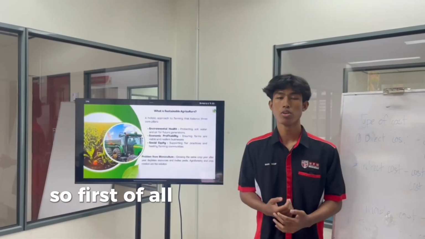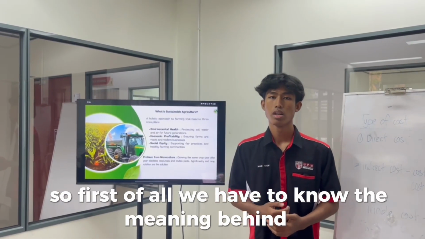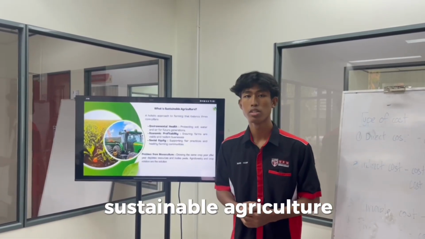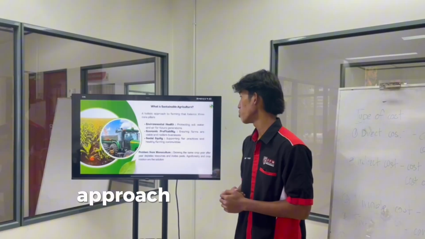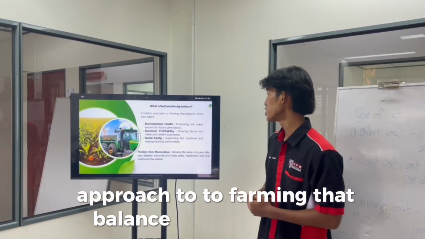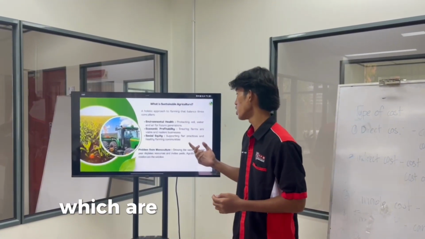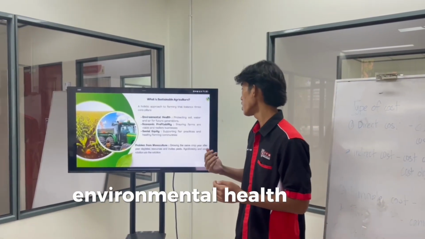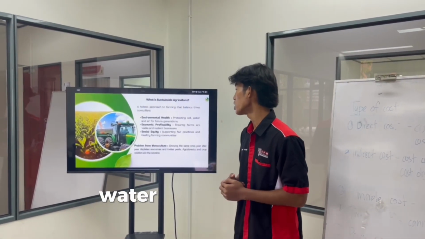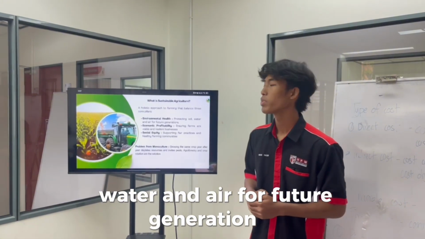First of all, we have to know the meaning behind sustainable agriculture. Sustainable agriculture is a holistic approach to farming that balances three core pillars. Environmental health means protecting soil, water, and air for future generations.